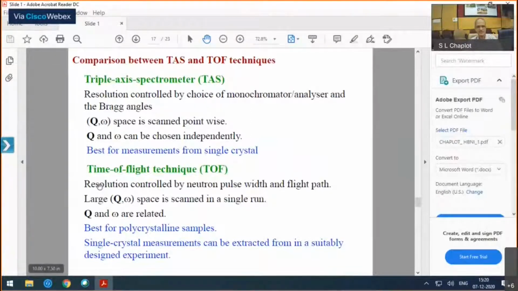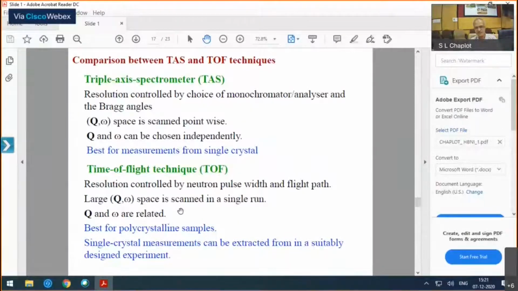In the neutron time-of-flight technique, on the other hand, the resolution is controlled by the neutron pulse width and flight paths. Here, in place of a point-wise scan, a large range of Q and omega space is scanned in a single run. On the detector side, nothing is moving, and you just collect data for a reasonable amount of time, maybe a few hours.